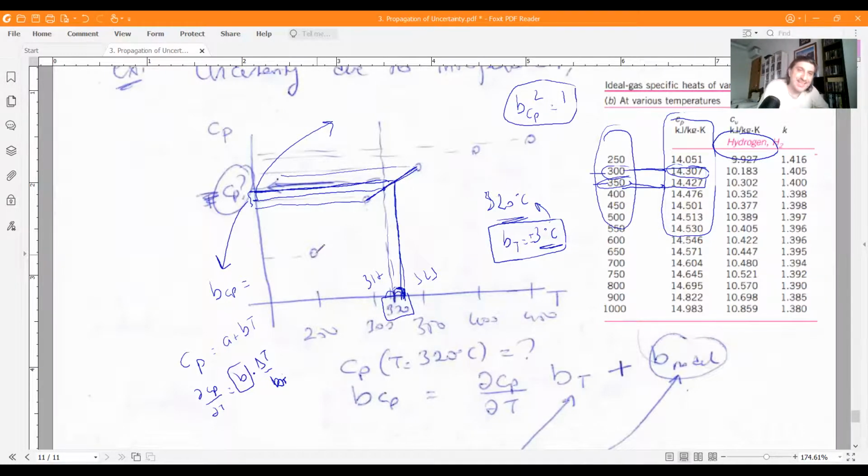Here, we do not take any other point to find the relation between Cp and T. Therefore, this is the model that we assume for the relation between Cp and T. And if you go back to the previous lecture, one of the reasons for uncertainty is also model process inadequacy, or a model and a process are not consistent with each other. So there's going to be an uncertainty due to model process mismatch.